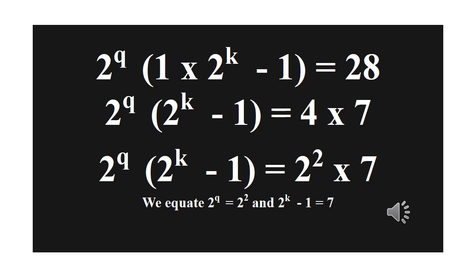If you simplify, 28 is 4 times 7. Then we simplify 4 further to 2 raised to power 2. So we have 2 raised to power q into bracket 2 raised to power k minus 1 close bracket equals 2 raised to power 2 times 7. So we can equate 2 raised to power q equals 2 raised to power 2 and 2 raised to power k minus 1 equals 7.